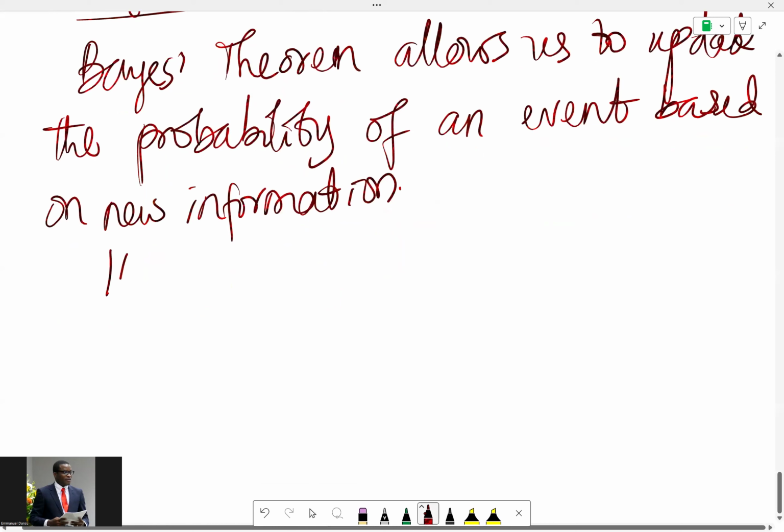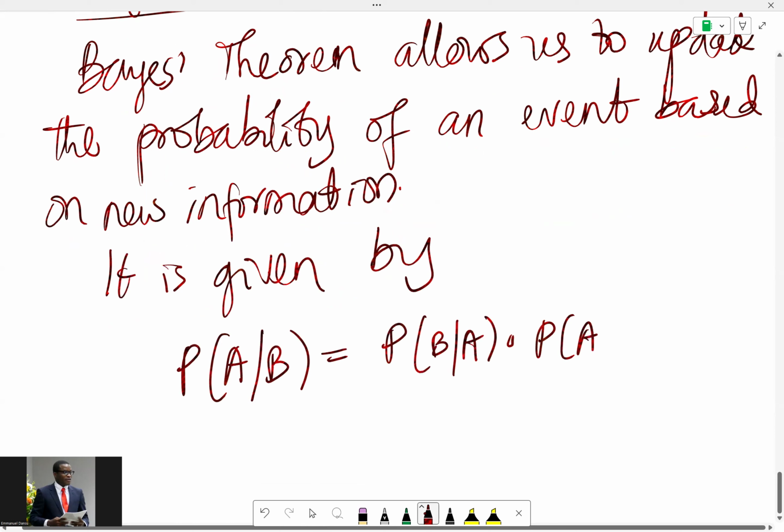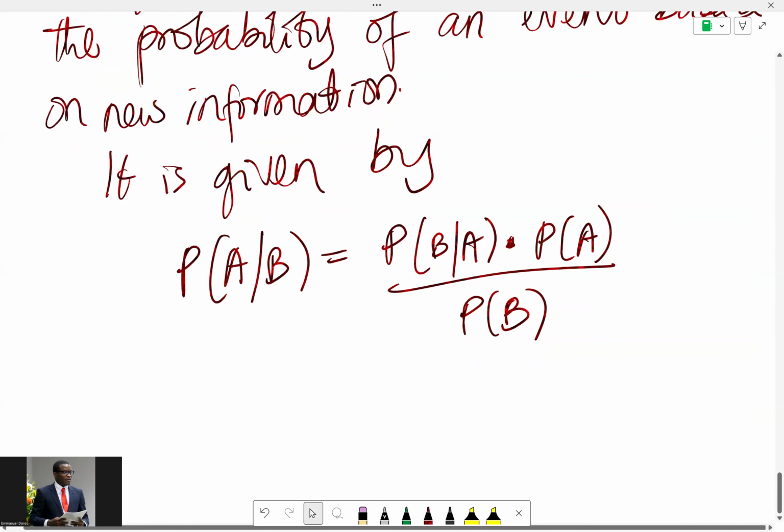It is given by probability A given B equals probability B given A multiplied by probability A divided by probability B.